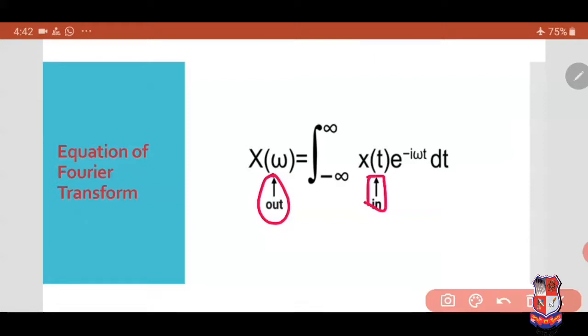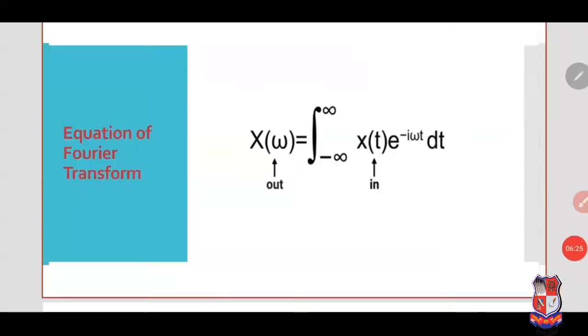Here the input x of t is a function of time, obviously, and the output is a function of omega, which tells you which sinusoids are present in your signal. Do you understand what I want to say?